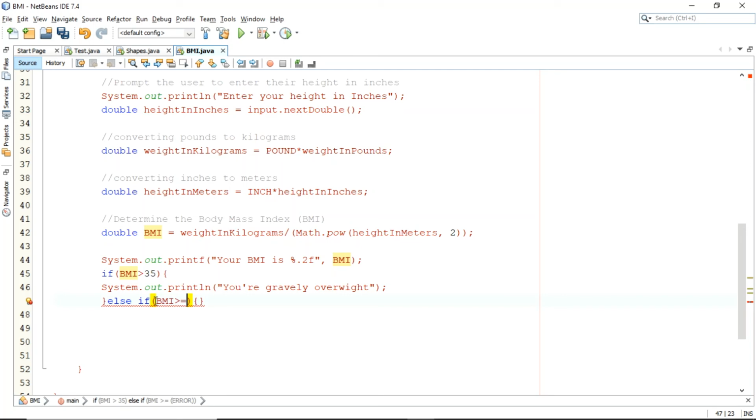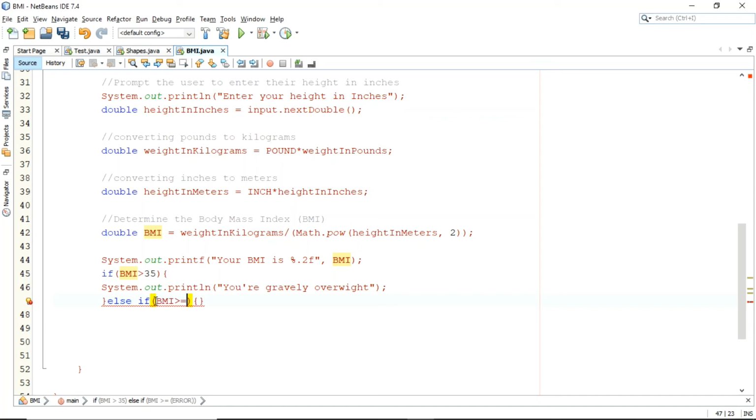But remember, in our first option we have already said if BMI is greater than 35. So if 39 was among, then it should have been considered in the first option. Now what we have here is that it is going to look at only numbers between 29 to 35.